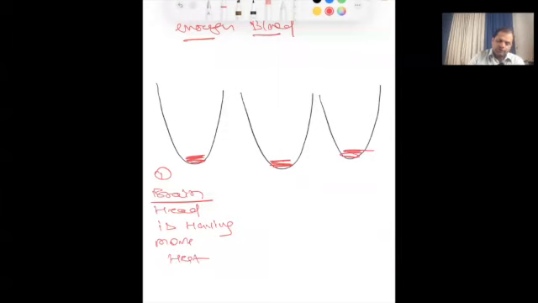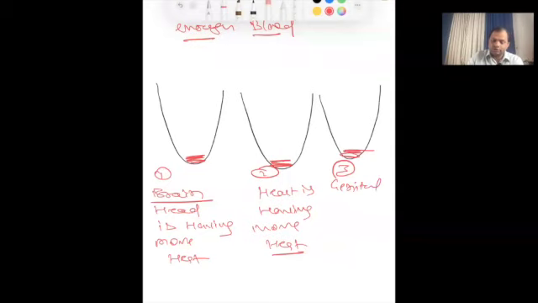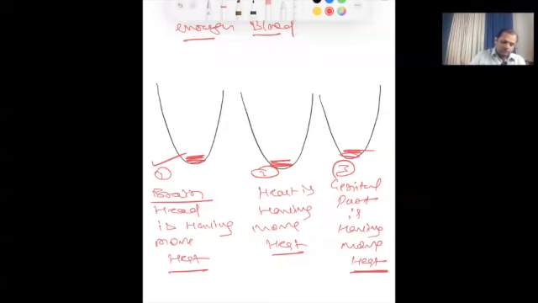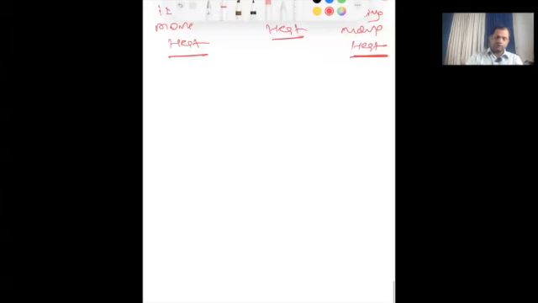The second declaration we can make is that the heart is having more heat. And the third declaration, as per the other imagination, is that the genital part is having more heat. Okay, so what is the meaning of this? Let's think about number one, the brain or head region having more heat.